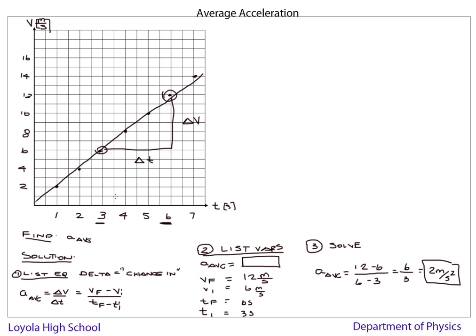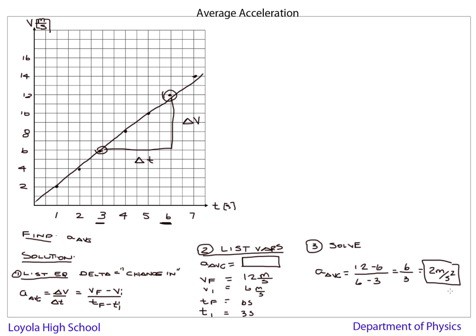So during this time frame, my average acceleration is 2 meters per second squared. And because it's a straight line, the slope is the same everywhere. So the acceleration at any 2 points would be the same value of 2 meters per second squared.